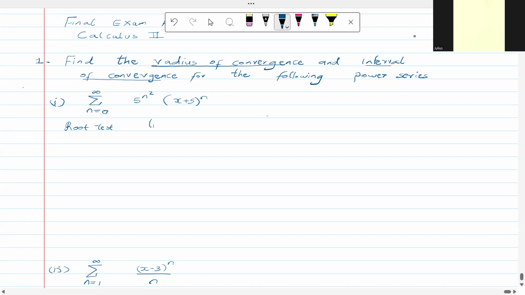So we take the limit as n tends to infinity of the nth root of the absolute value of 5n squared times (x plus 5) to the power of n, which can be written as the limit of 5n squared times (x plus 5) to the power n, all to the power of 1 over n.